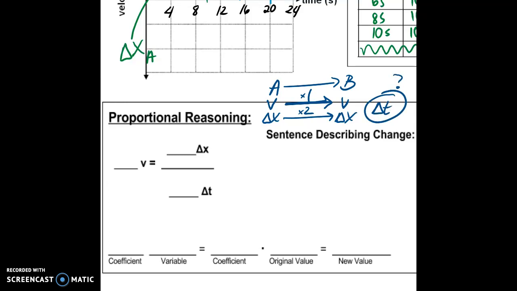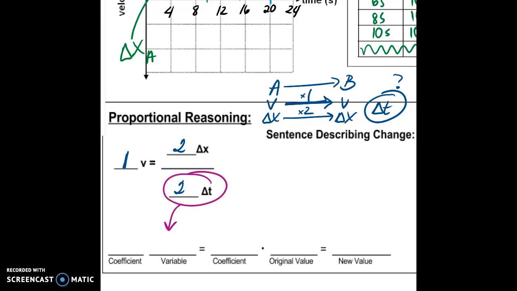Okay, so our velocity stayed the same, and our displacement was increased by a factor of 2, so it doubled. So in order for this to be true, it needs to be 2. And since this is what they were looking for, this is what the question was asking, it's going to go in the variable spot.